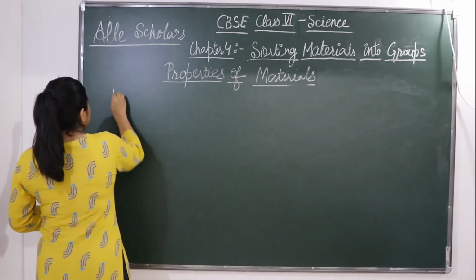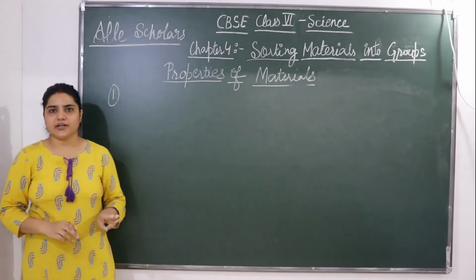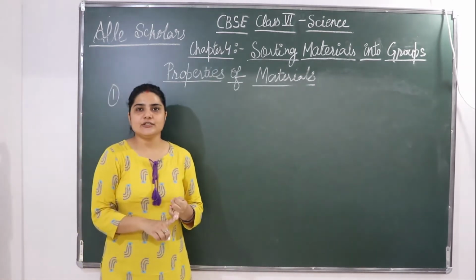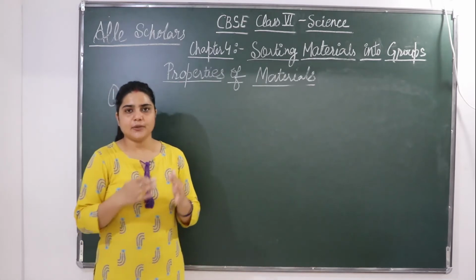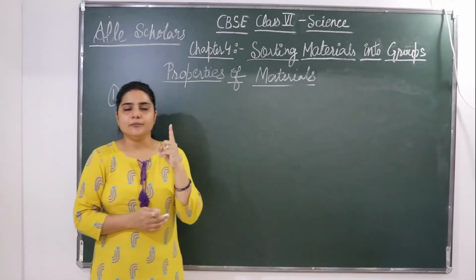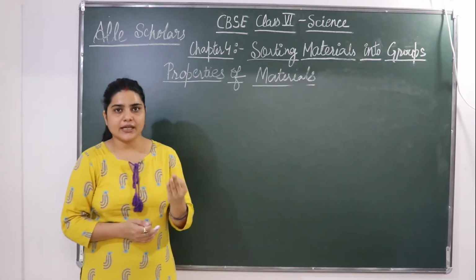Okay, so at first the material can be grouped into three categories on the basis of their states of matter. Which state of matter is that particular material made up of? Means either it's a solid, it's a liquid, or it's a gas.